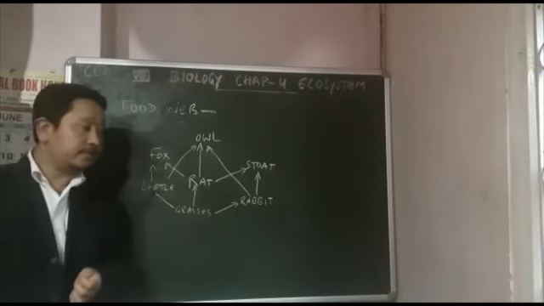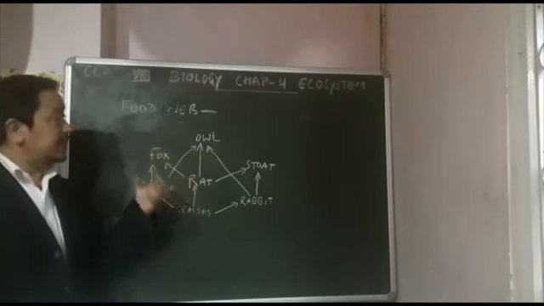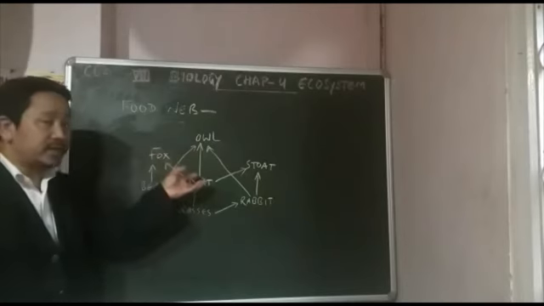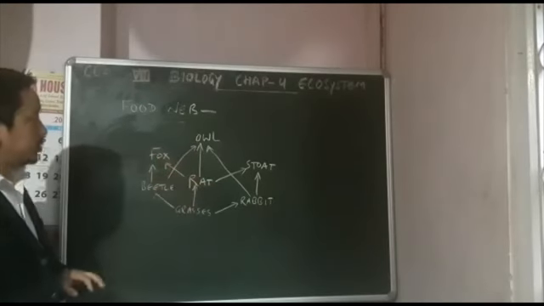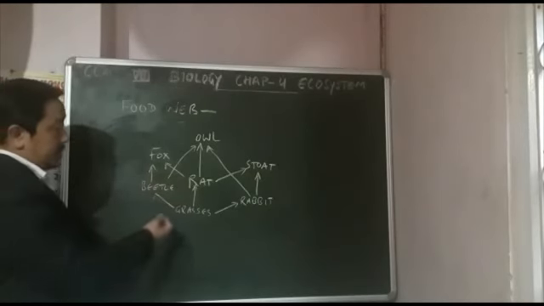Food web is the web-like network of several interconnecting food chains. In this figure or network, you can see a number of food chains being interconnected.